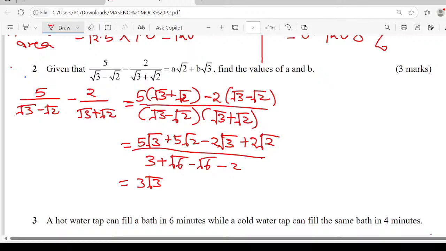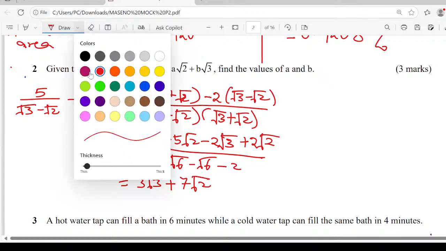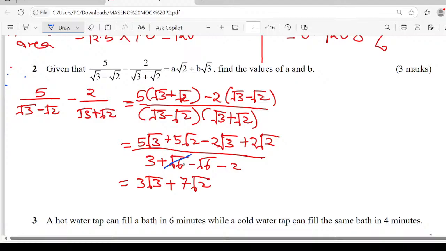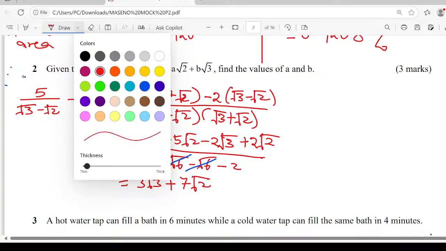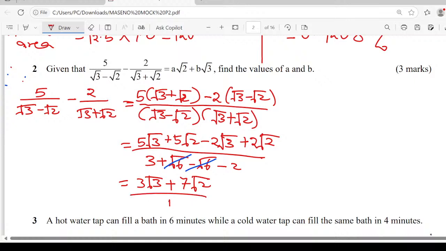Then 5 root 2 plus 2 root 2, I'm going to get plus 7 root 2. Looking at my denominator, plus root 6 and minus root 6 will cancel out. Therefore, 3 minus 2 will be 1. So this is just like saying all over 1.